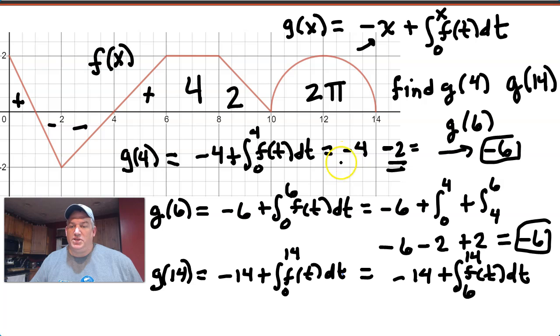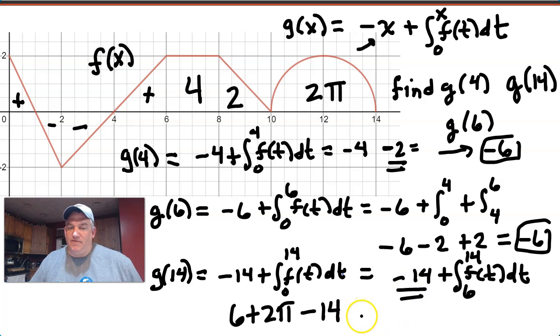So we have 6 plus 2 pi. When I add 6 plus 2 pi to my negative 14, I get a final value of g of 14 to be 2 pi minus 8. Make sure you can read that: 2 pi minus 8.